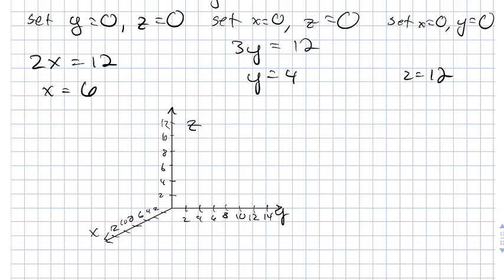Okay, so if we're plotting these intercepts, x is 6, so we would just come here on the x-axis, and there's going to be our x-intercept. And then y = 4, so we're here. And then z = 12, and we're here.